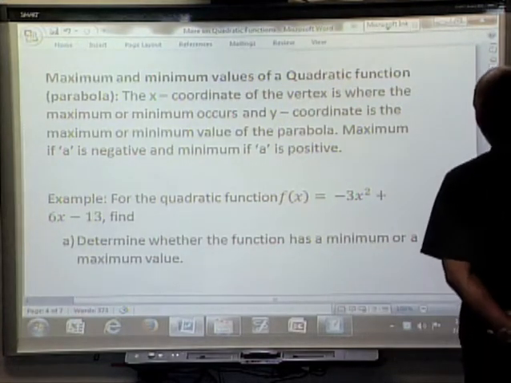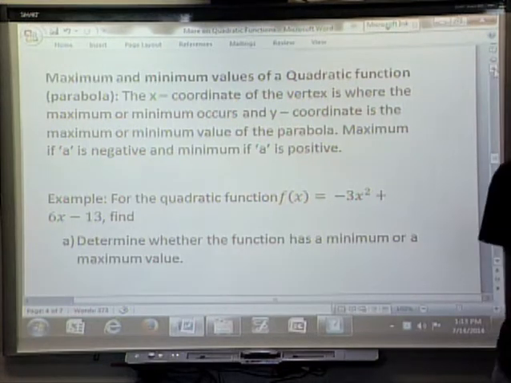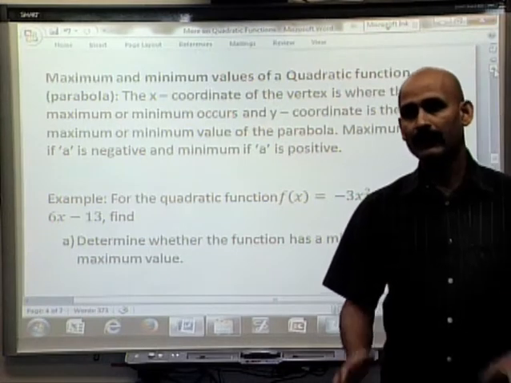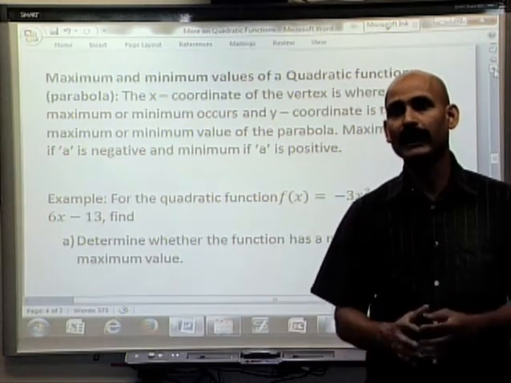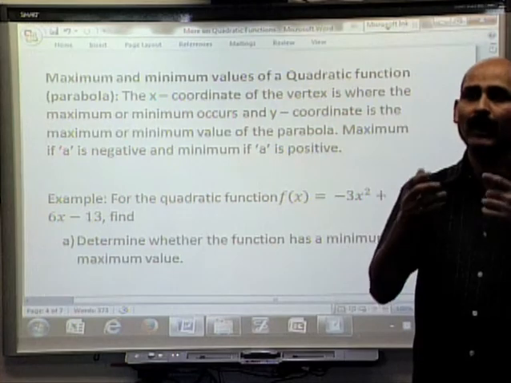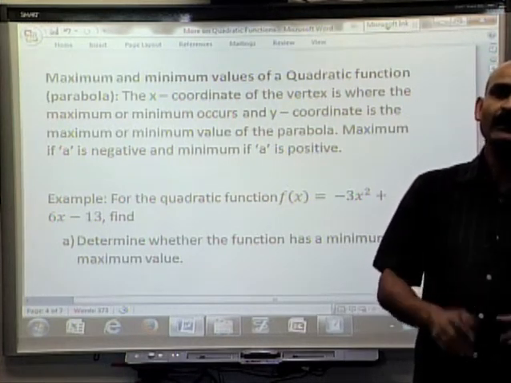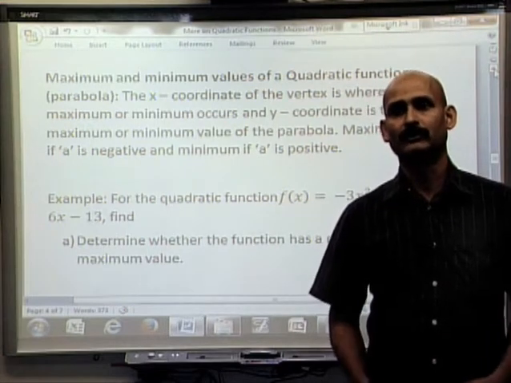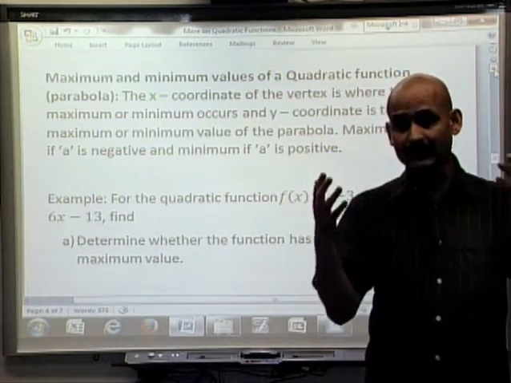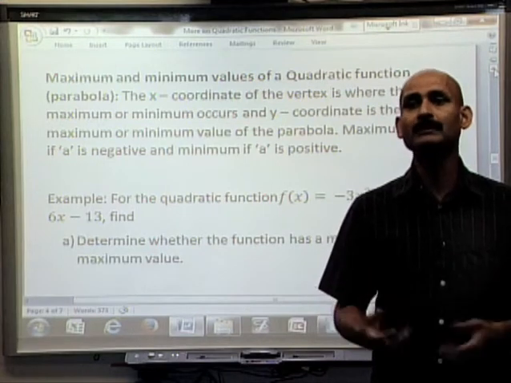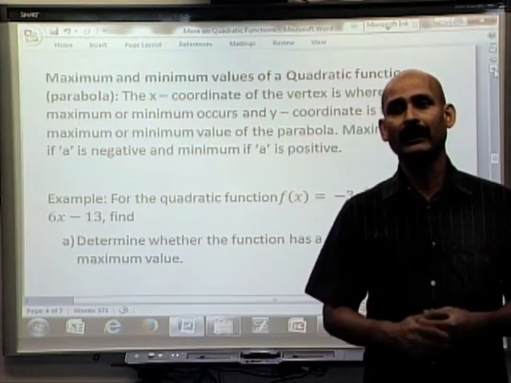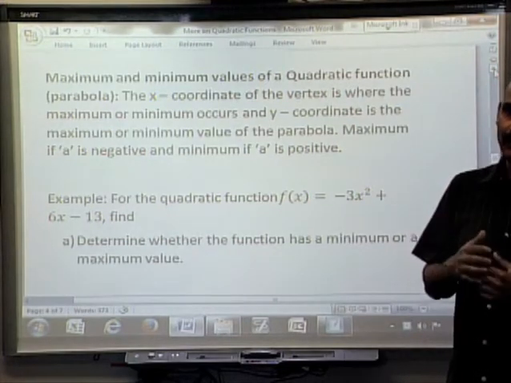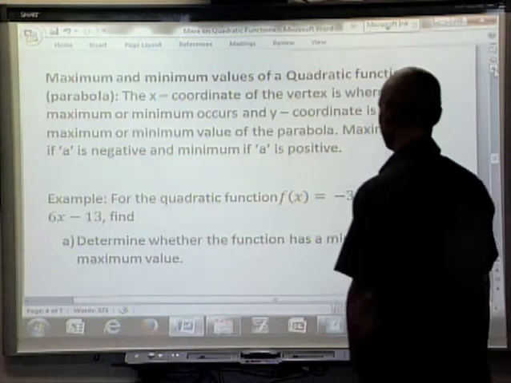Another thing we need to note is, if a, the leading coefficient, is positive, the parabola will have a minimum, and if a is negative, the parabola will have a maximum. So whether the vertex is a maximum or minimum depends on the sign of a. A positive means it is the minimum, a negative means it is the maximum.